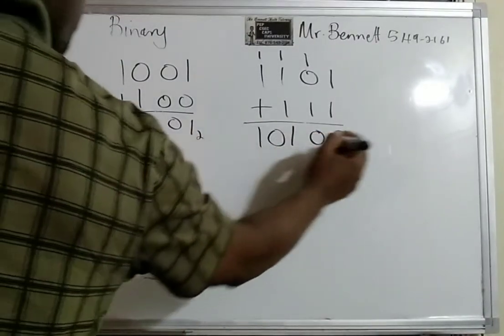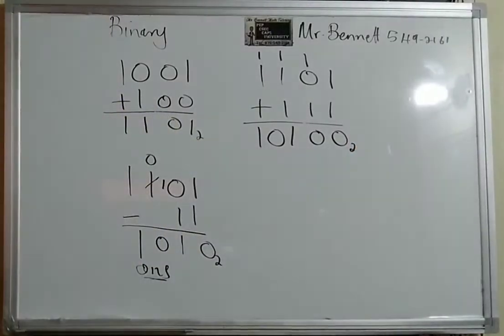You don't necessarily have to put it, but it's good to put it, because it's good to have your answers in the unit. Alright, let us look at another one.